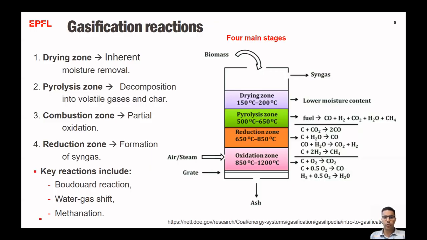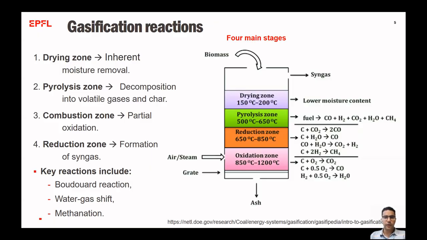Then we have the reduction zone, where the gases that have been produced during the pyrolysis process react with the oxygen and with the steam, and then produce other gases that finally constitute what we call the syngas. Other key reactions that occur in the gasifier are the Boudouard reaction, the water-gas shift reaction, and the methanation reaction.